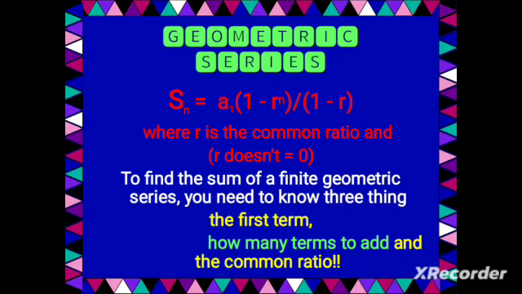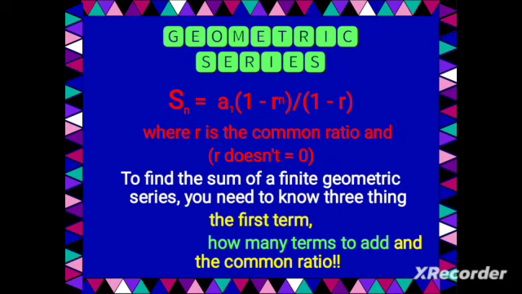Now we are going to introduce to you a formula whereby you can use them to find the sum of the first n terms of a geometric series with a common ratio. But now we'll start with the formula when r is greater than 1.